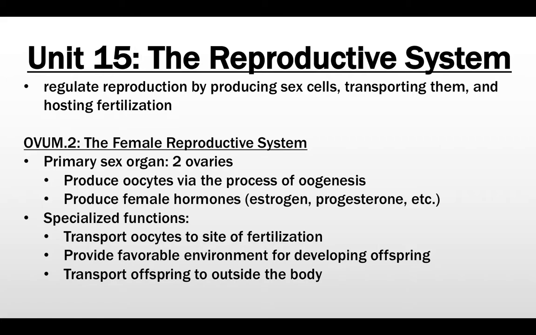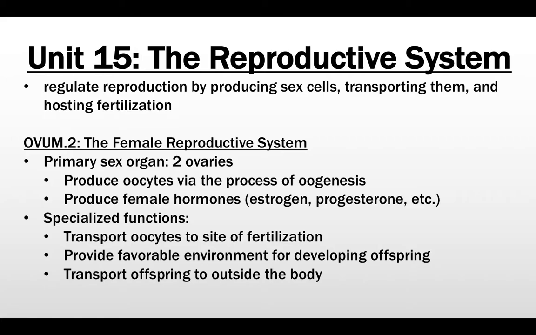So there are two primary sex organs for females, and like we mentioned with males, these are the organs that are responsible for creating those haploid sex cells. In females, this is going to be the two ovaries. The role of the ovaries is to produce oocytes, which are the same as eggs, via the process of oogenesis.